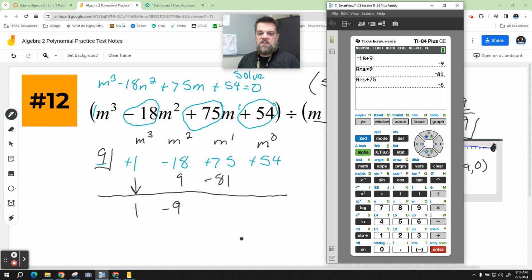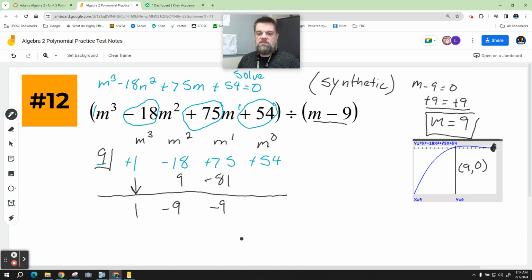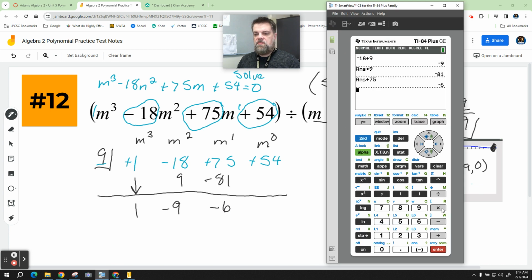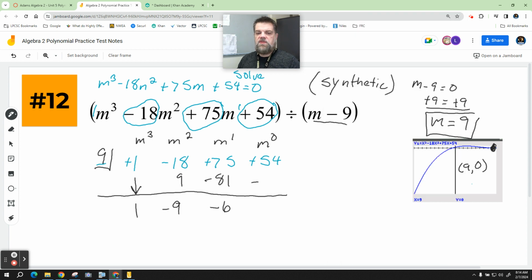What am I going to do with the negative 6? The negative 6 I'm going to multiply by 9. So I've got negative 6, I'm going to multiply that by 9. Negative 54. What's negative 54 plus 54? 0. So that's my remainder of 0. Now remember, this is m cubed, and we are technically dividing by m to the first power, so this power drops down 1.